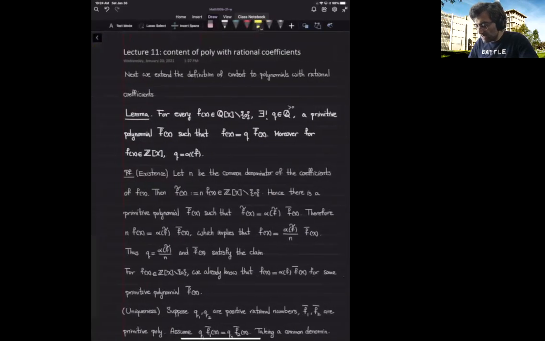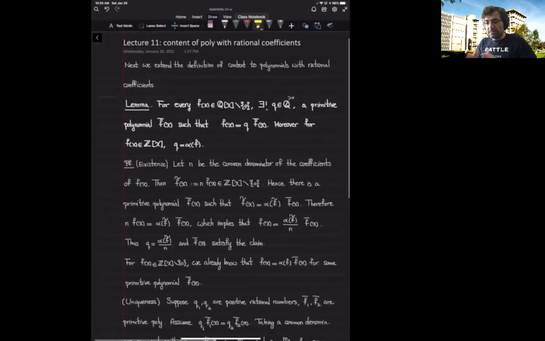Now we are going to use this in order to extend the definition of content to polynomials with rational coefficients. For every non-zero polynomial with rational coefficients, there exists a unique positive rational number, which we denote by q, and a primitive polynomial, which is also unique.